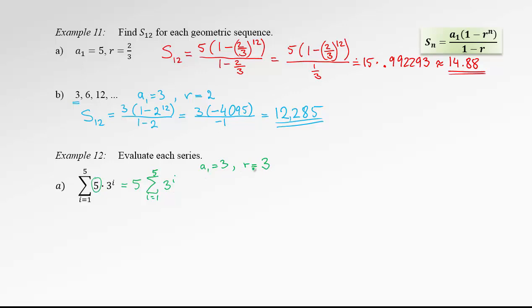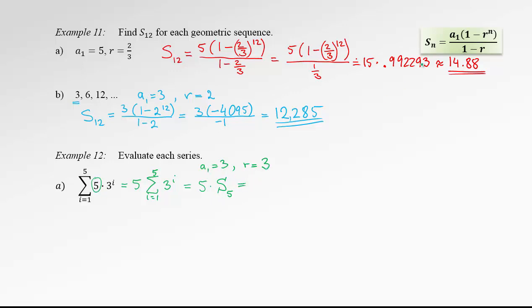And the common ratio, r, well, 3 to the i plus 1 over 3 to the i really gives us just 3. Observe that anytime we have something to an exponent under the sigma notation, this base is actually the same as the common ratio. So it's really easy to recognize, right? The base is our common ratio. Okay, therefore we can go 5 times, and this is really the S5 of a geometric sequence with the first term 3 and a common ratio 3.